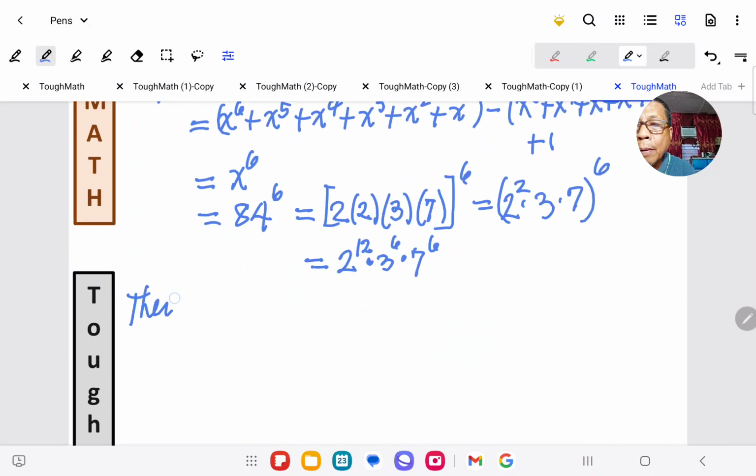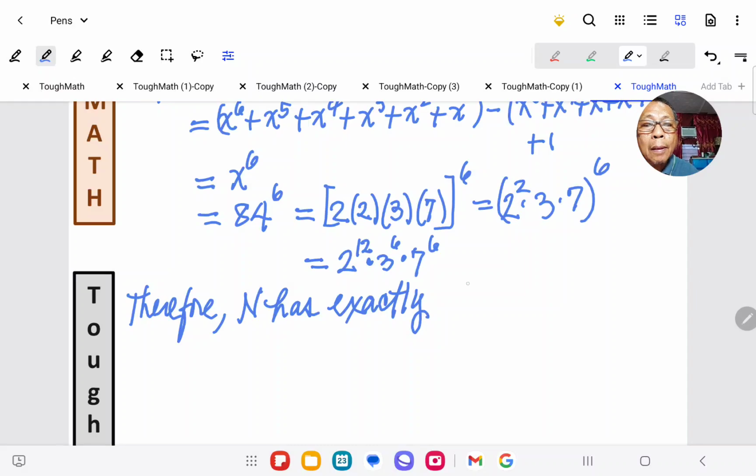Therefore, n has exactly 13 times 7 times 7 equals 637 positive divisors.